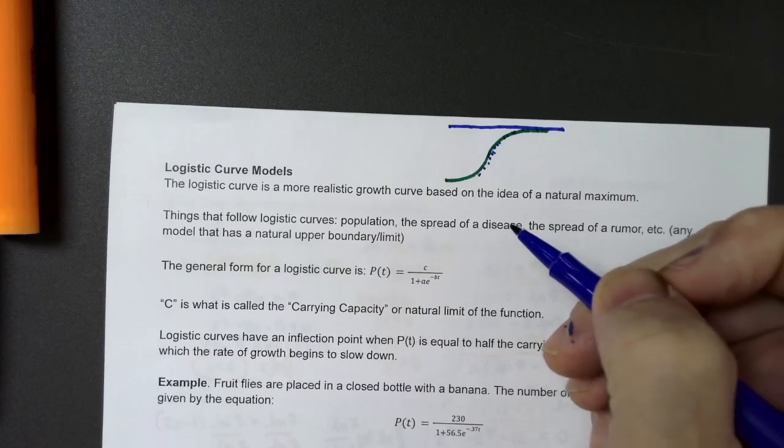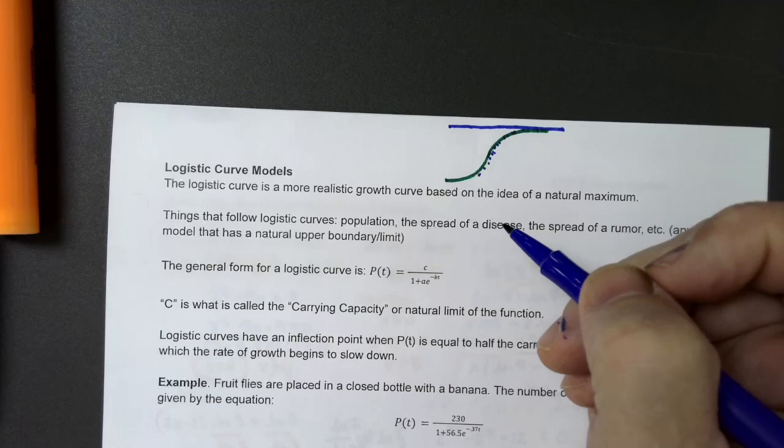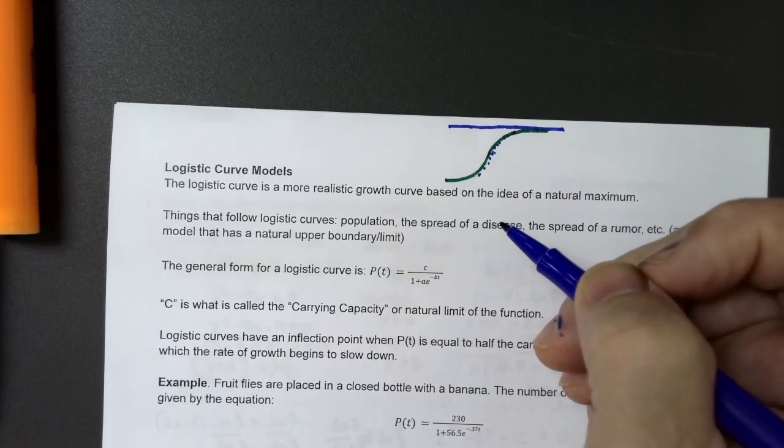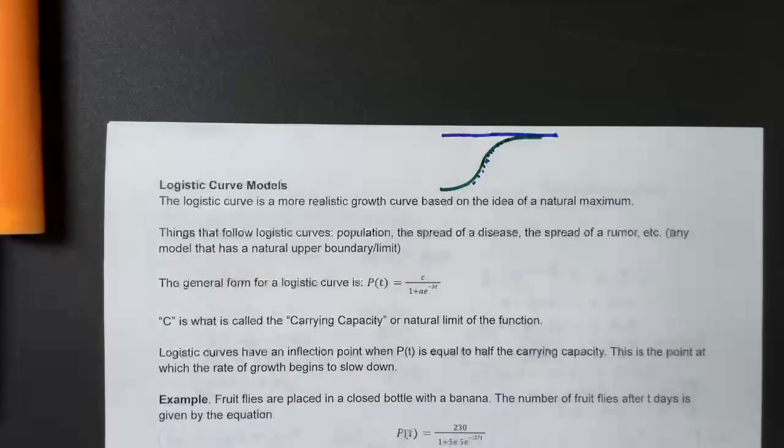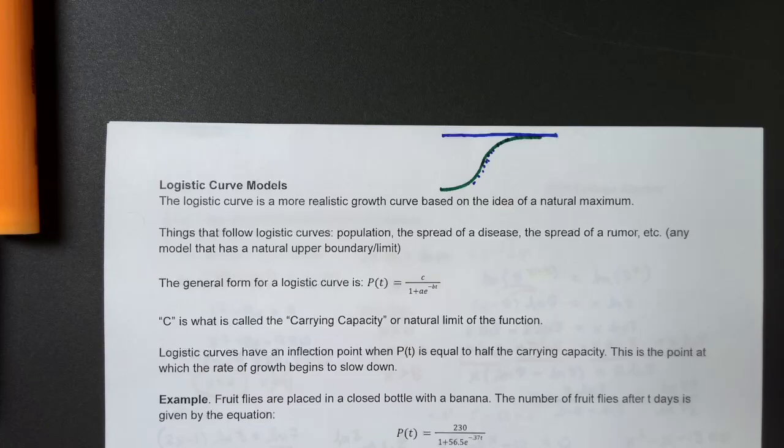No. So that is the natural maximum that everything that has exponential growth does. You reach a point in that petri dish where the bacteria doesn't have enough food to keep going. It's going to max out, and now there can be no more. We do the same thing in a forest. There's only so many deer that can fit in that forest before they reach a point where there's not enough food, there's not enough space.